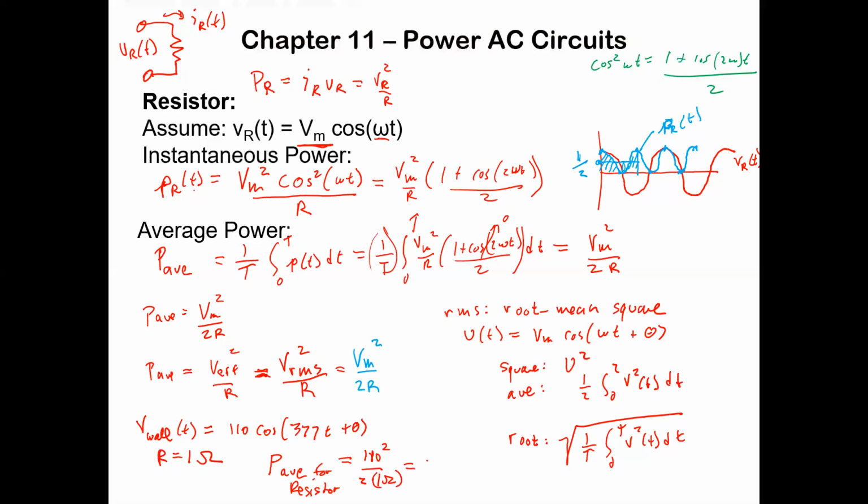So what's 110 squared? Well, 11 squared is 121, so is that going to be 12,100? See, you're an engineer, you can do all these calculations in your head.